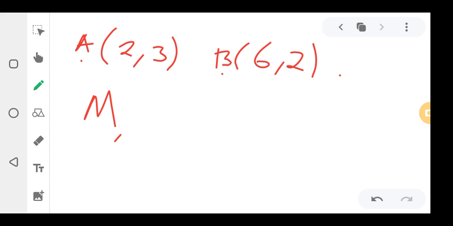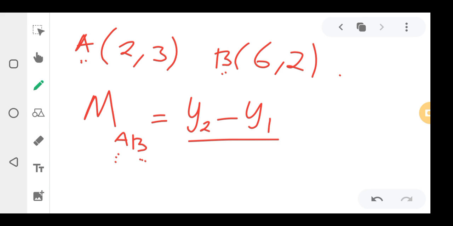So I'll put gradient of A and B is equal to... If they haven't written the letters, they just give you the points, so don't put A, B, it's fine. The letters you put here are whatever letters they give you, A, B, or C, D, or F. And then the formula is y2 minus y1 over x2 minus x1.